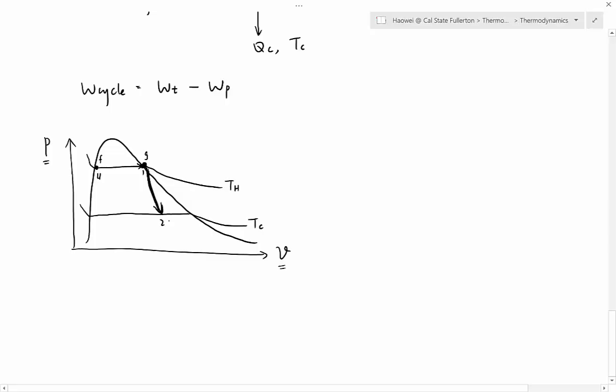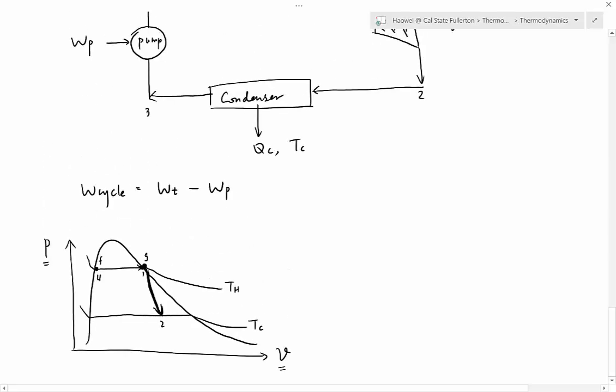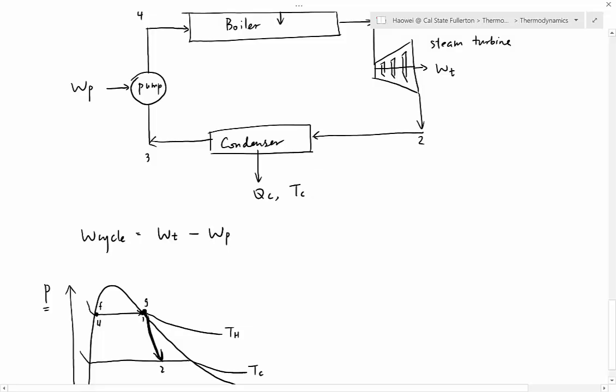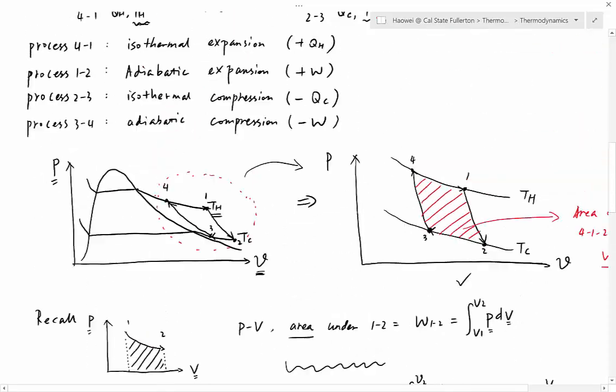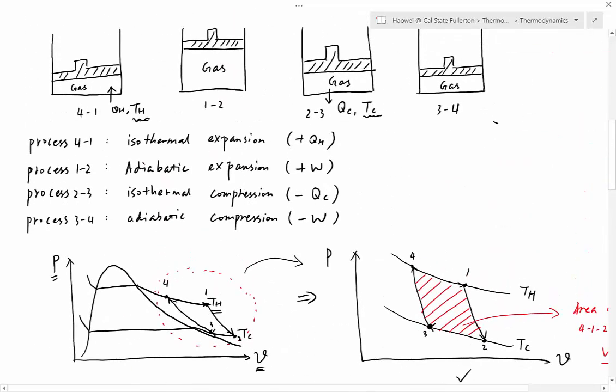And then 223. What is 223? 223 is the condenser. That's where you lose heat. And this process is at constant temperature Tc. So 223 must be on the Tc line. And next, what is the direction? If you forget, we can always go back to the name of process 223. 223 is called isothermal compression.